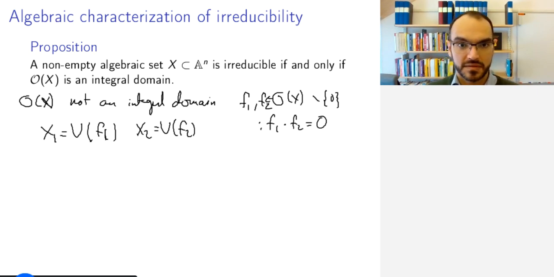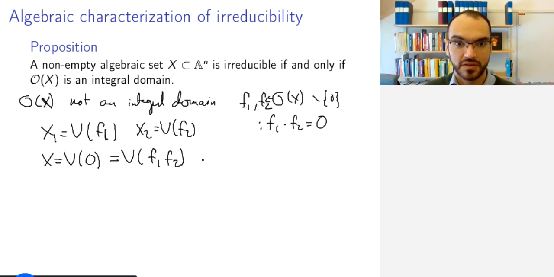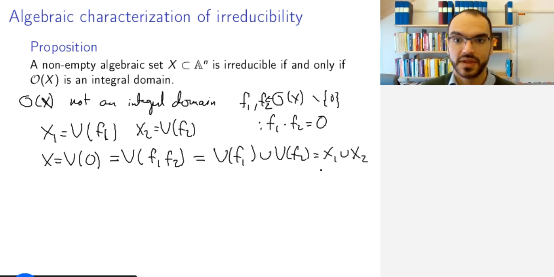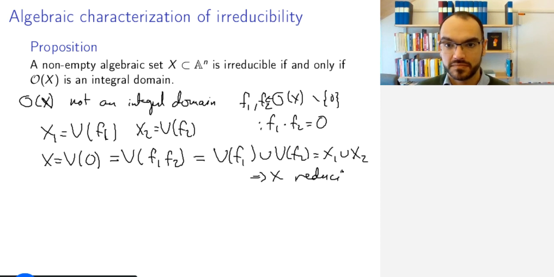So these are closed proper subsets, and indeed X is the union of these because X is the vanishing set of 0, and 0 we could write as the product of these two functions, and this, as we have seen before, is the union of their vanishing sets. So this is X1 union X2. So then X is reducible.